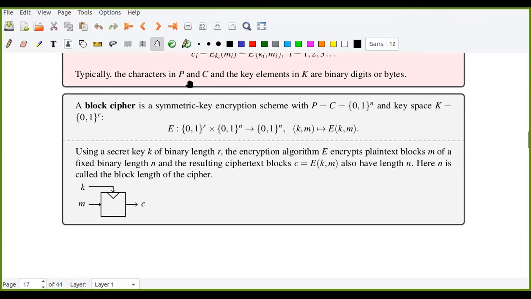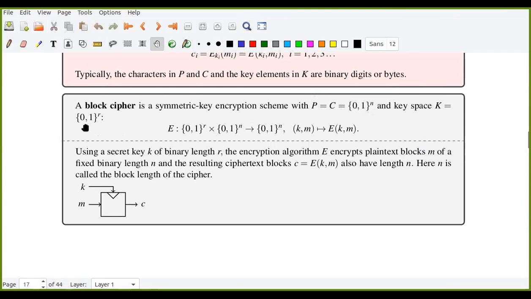Okay, so this block cipher is a symmetric key encryption scheme. Here, my plain text as well as ciphertext is {0,1}^n, meaning blocks of length n. We will do it blockwise.